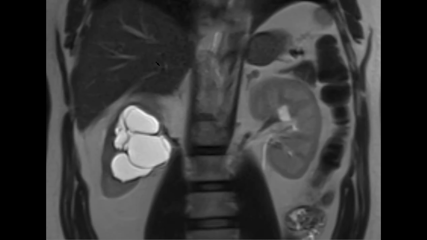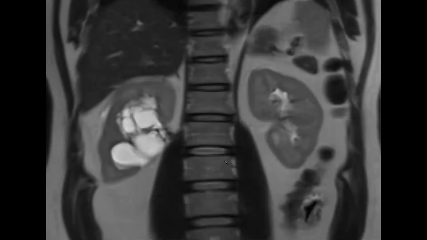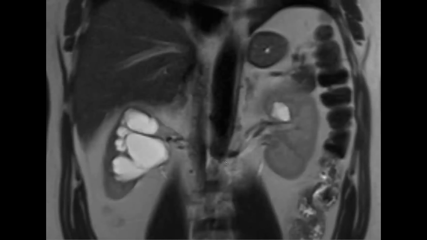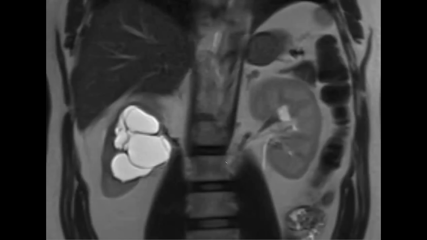And in terms of imaging differentiation from cystic RCC, I don't know if there is a way to differentiate that, because among cystic RCCs there is an entity called multilocular cystic neoplasm of low malignant potential, which is currently considered benign, and they can look almost exactly like this. There have also been enough cases which protrude into the renal sinus. So I don't think there's a very good way to differentiate.